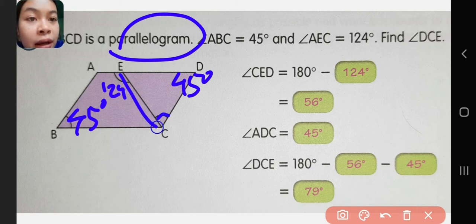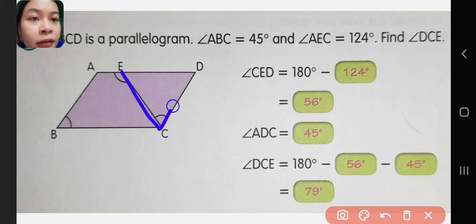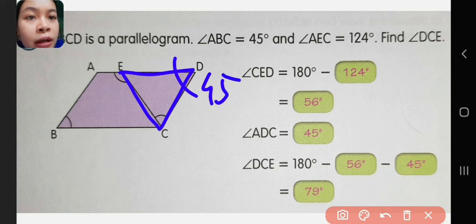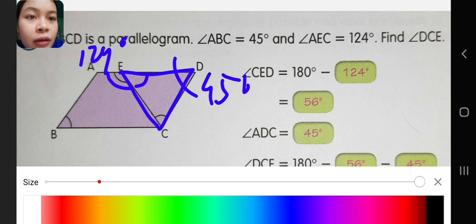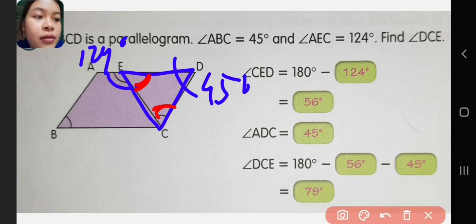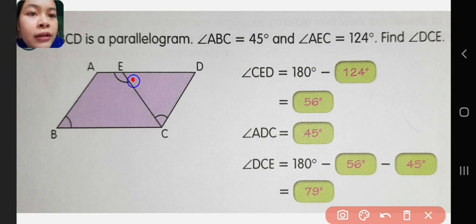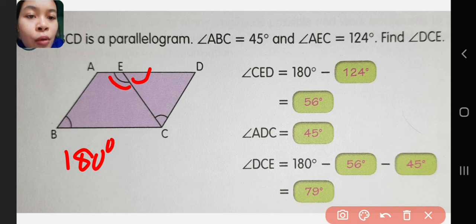Remember, this is a triangle. We already know this 45, and we already know this one, 124. To find this one, it is 180 minus 124 degrees, which equals 56 degrees.